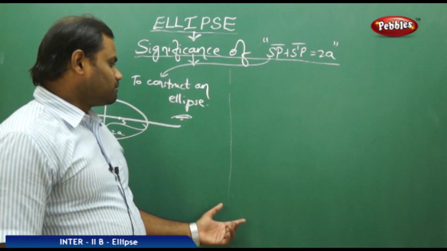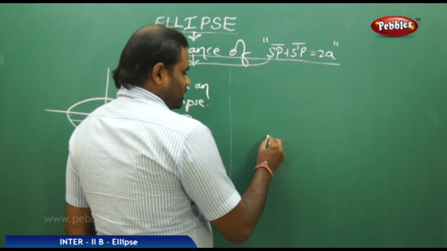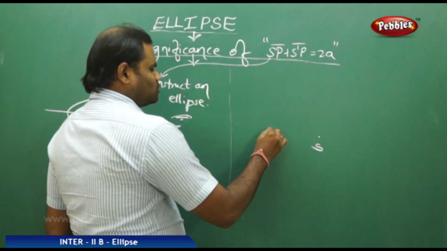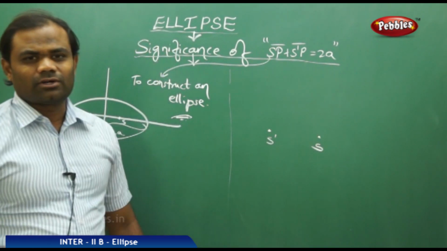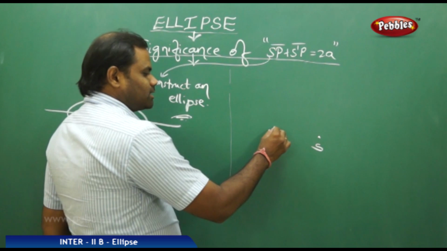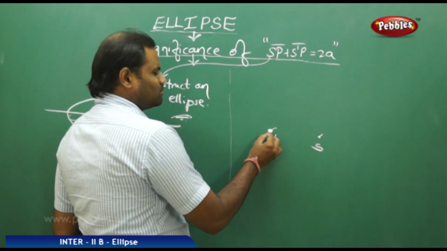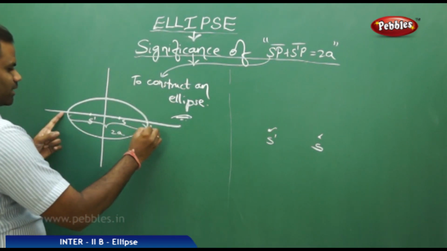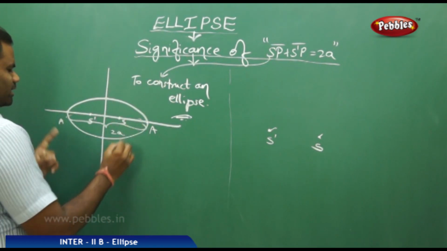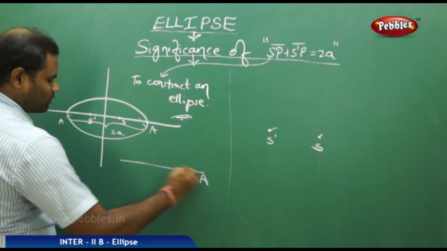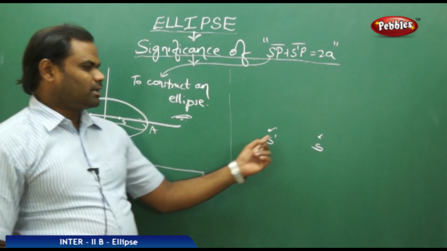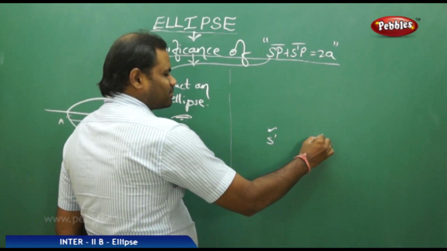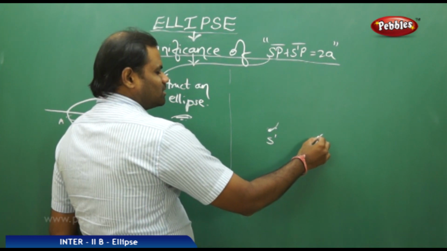As can be seen, if I take two fixed points S and S dash nailed on this board, and then I tie a thread of length 2A, that is, a thread of length AA dash, and with this length of thread, I tie it to the foci. So I get the thread which extends somewhere here.